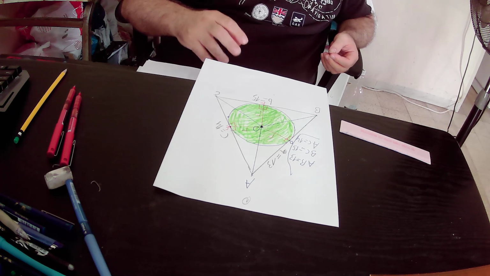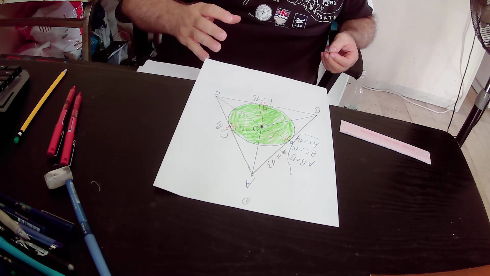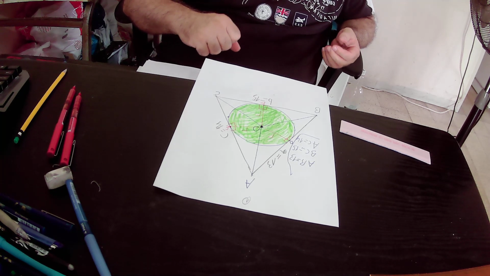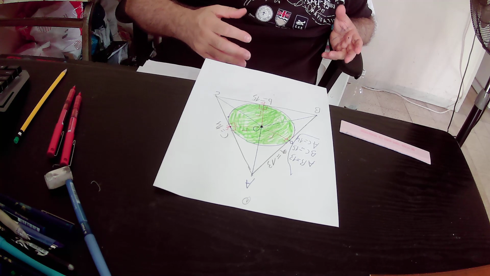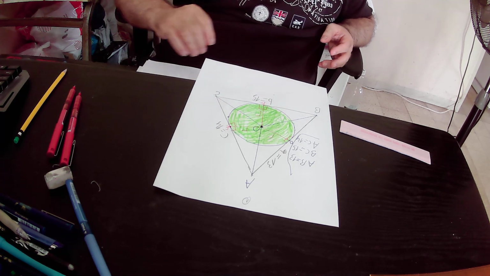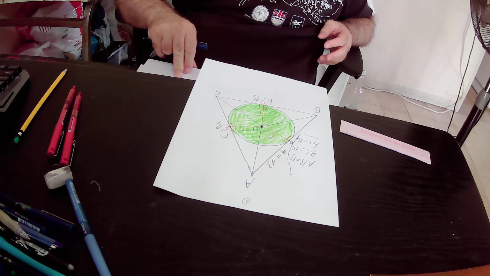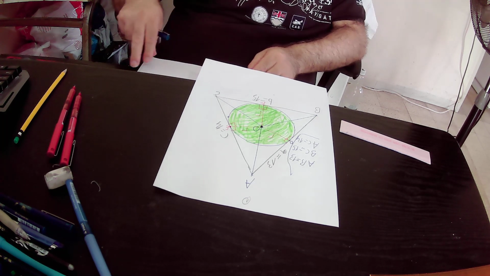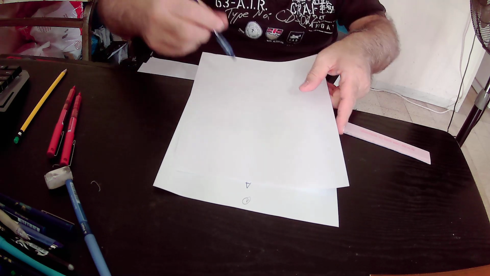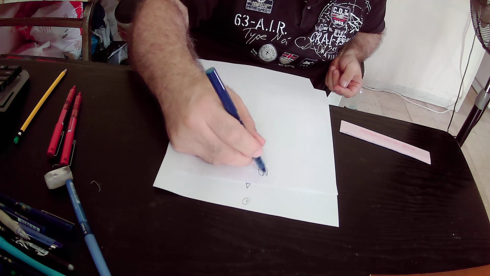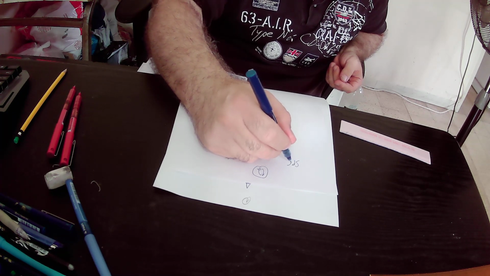Because we know that the area of triangle ABC equals 84 square units, and we will use this data in order to find out the radius of the green circle. So in the next step I will present the second method to find the radius of the green circle.